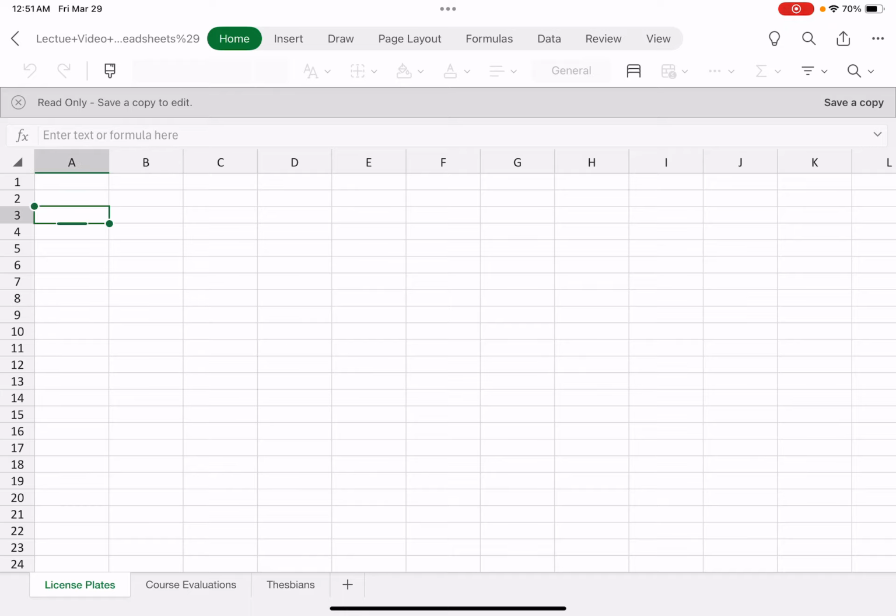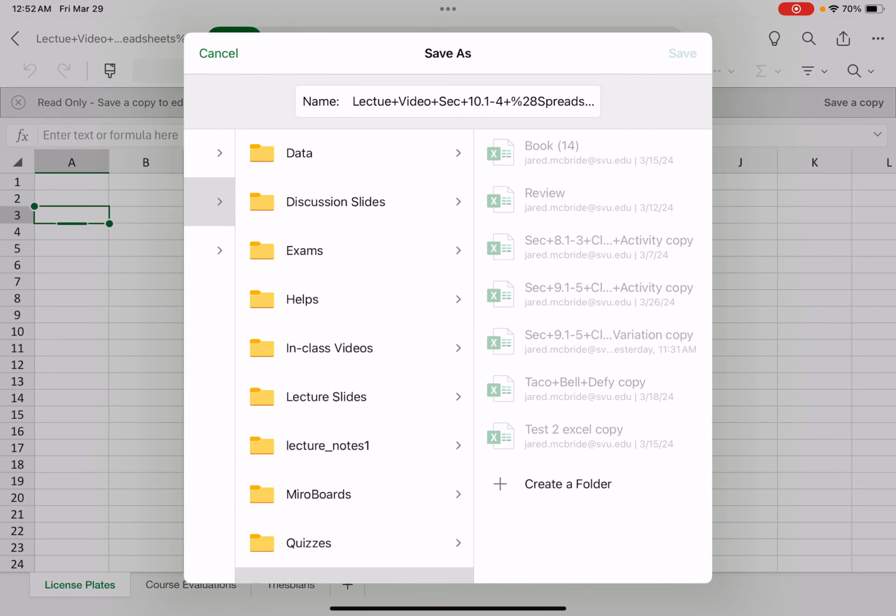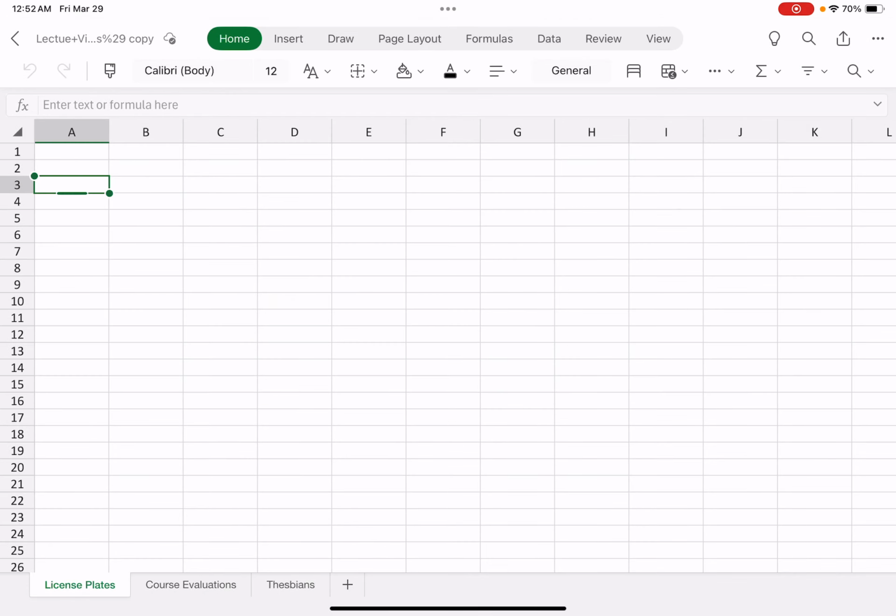I'm not going to copy and paste the question, but for your records, so you have it for an exam, it may be wise to do so. So save a copy.